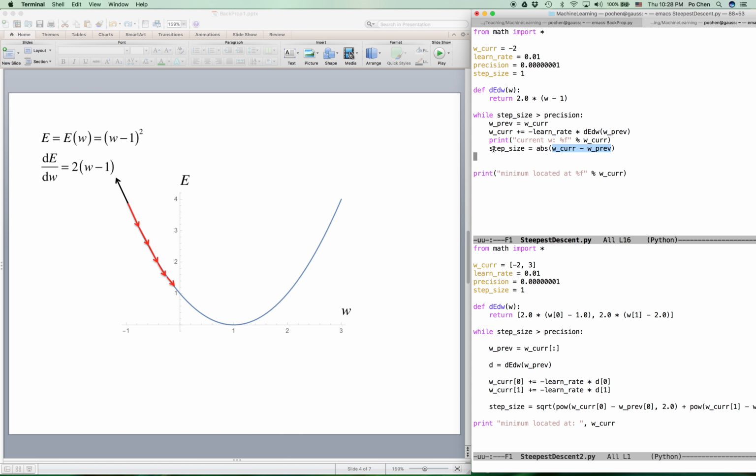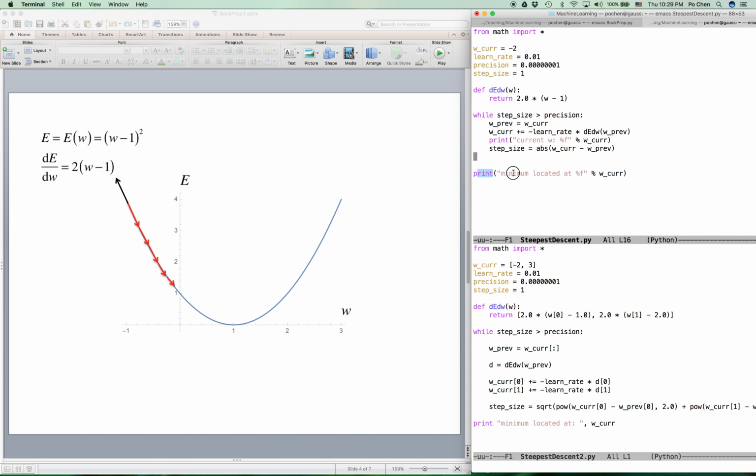So step size is going to become smaller with iteration. And eventually, when step size is reduced to a number that's below the precision, the iteration is going to stop. This loop is going to stop, so we're going to come out of the loop.